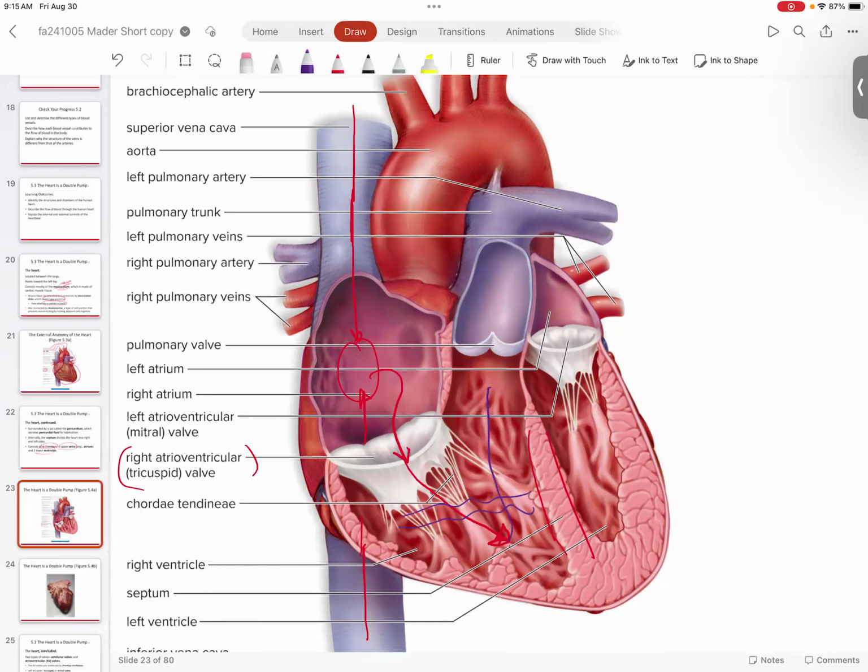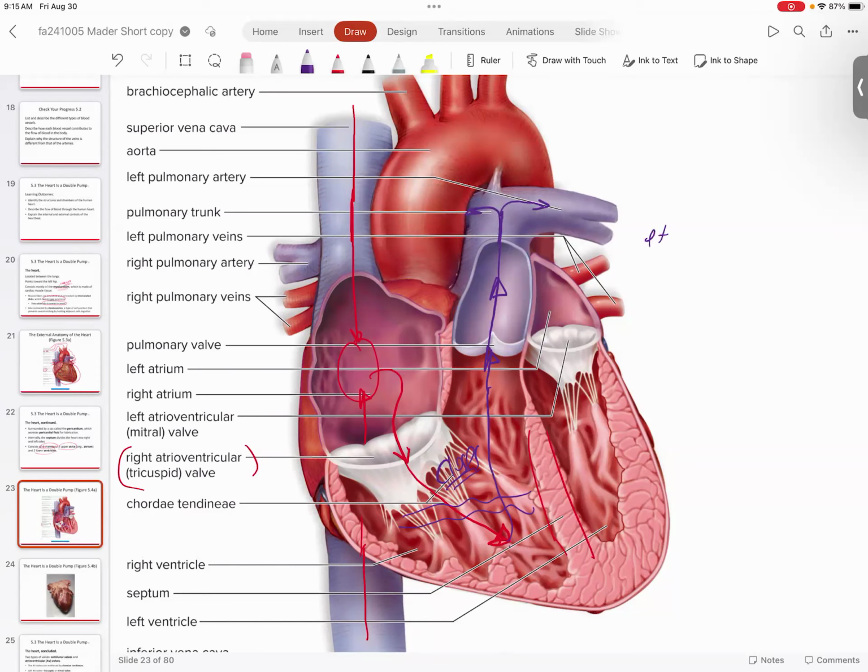It can't go backwards because this piece right here closes during ventricular contraction, so it can't backflow. But it can push open this valve right here, which is called the pulmonary valve, and it'll enter into the pulmonary trunk, where it'll then separate into the right and left pulmonary arteries, going to the right and left lung.